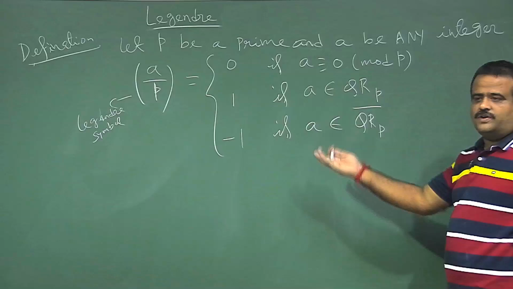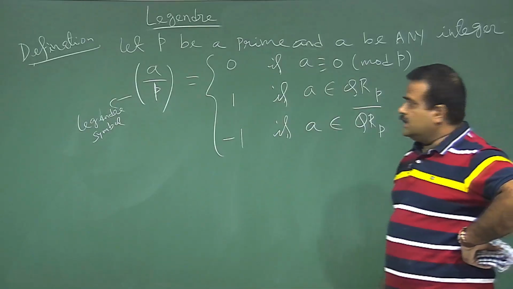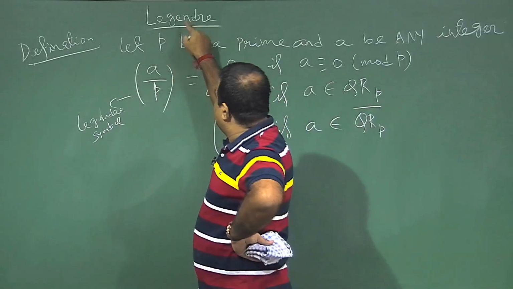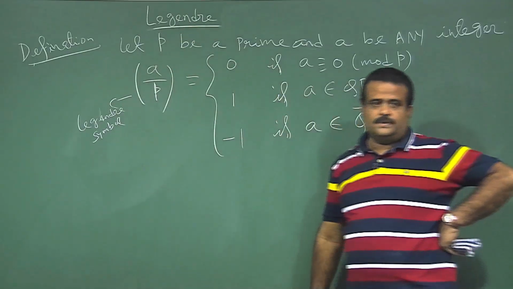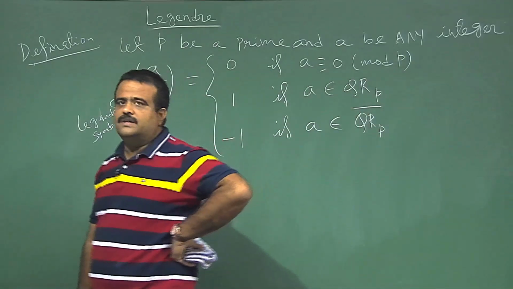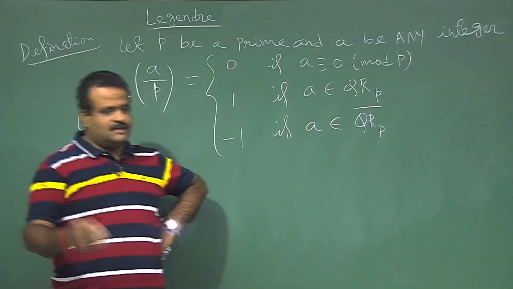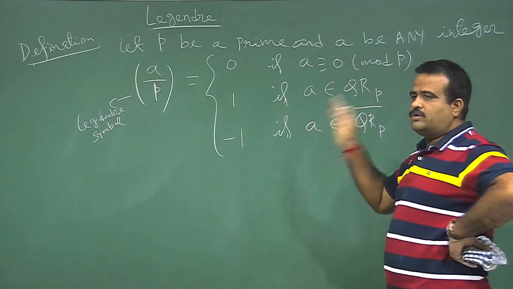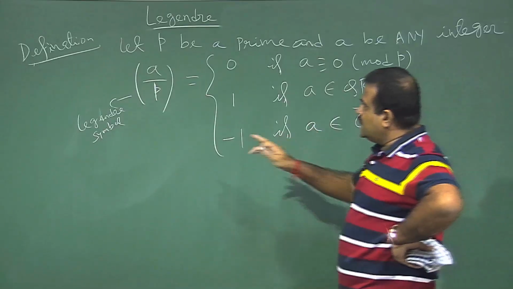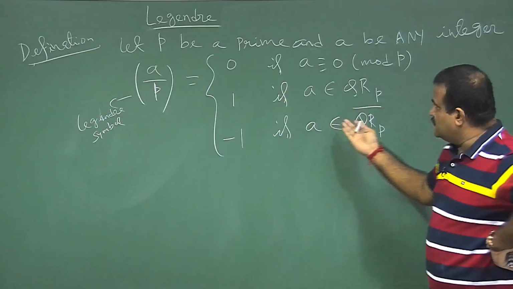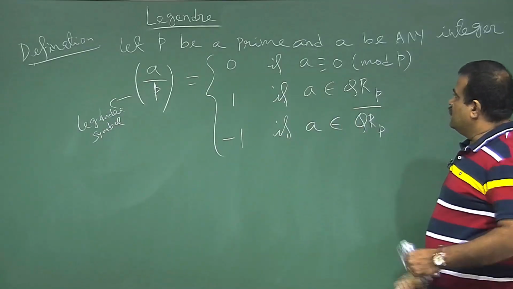So, it can take three possible values, but we have to be careful: for Legendre, P is prime. Jacobi we will see later; Jacobi is the general form where P need not be a prime, P could be any integer. For the time being we are talking about the Legendre symbol, for which P must be a prime, and it is defined by this functional form.